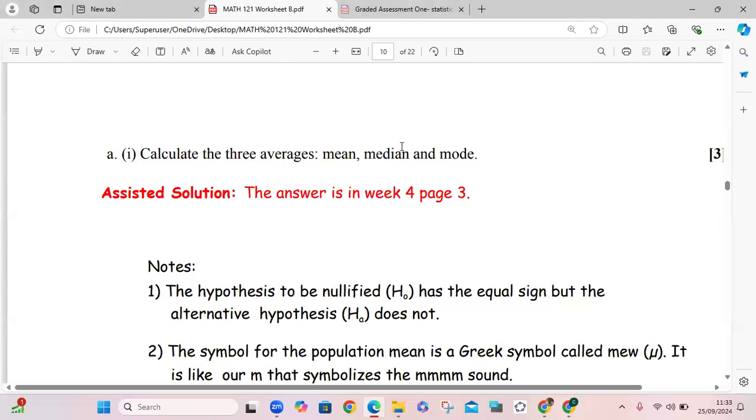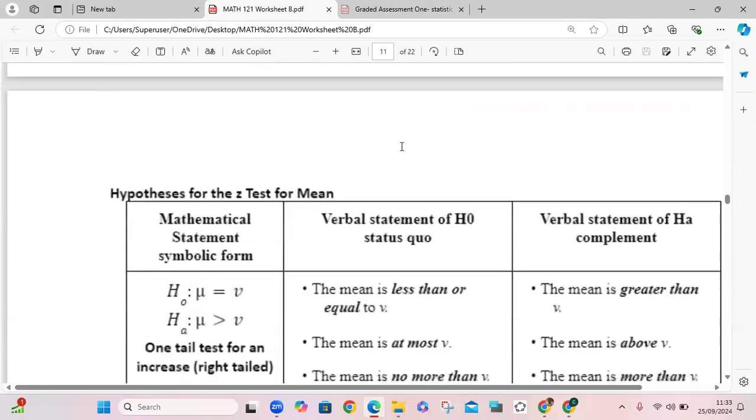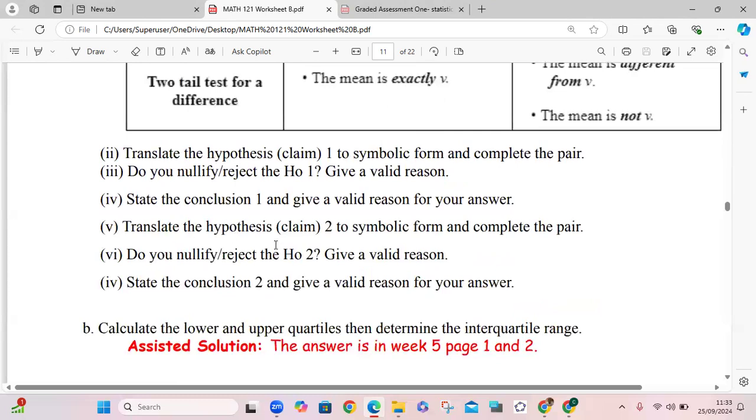We have not analyzed anything with regards to dispersion, isn't that so? So therefore, we are not in a position yet to go back to claim number 2. So this is why I deleted those 3 questions and updated worksheet B.